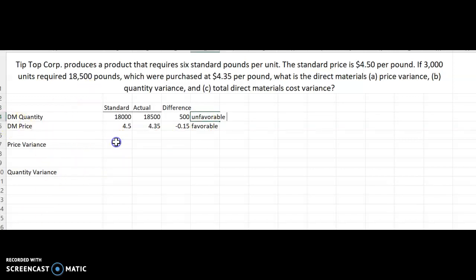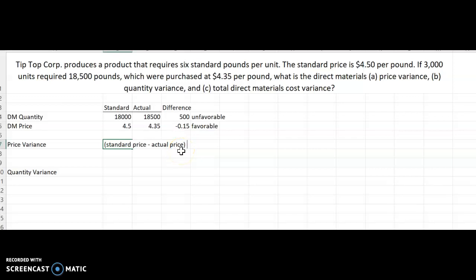So our formula for price variance, we're doing a price variance. So the first part is standard price minus the actual price. And the thing you multiply it by, if you're doing price, you're going to multiply it by the quantity.